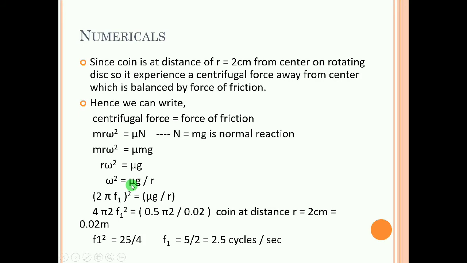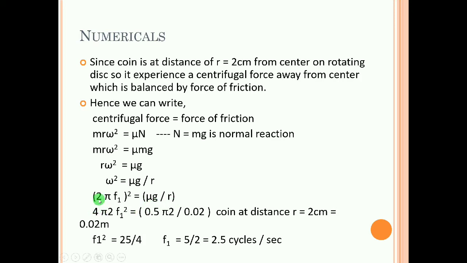We cancel m from both sides, so r omega square will be mu g. Then for omega square only, we divide by r, and this omega we can write as 2 pi f. For the first condition we write f1, so (2 pi f1) whole square will be equal to mu g by r.